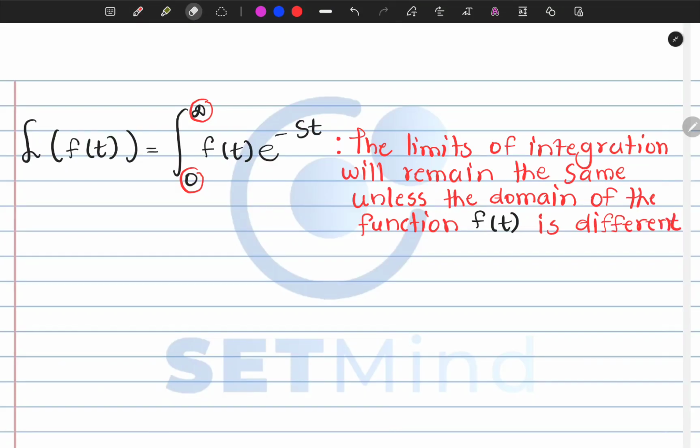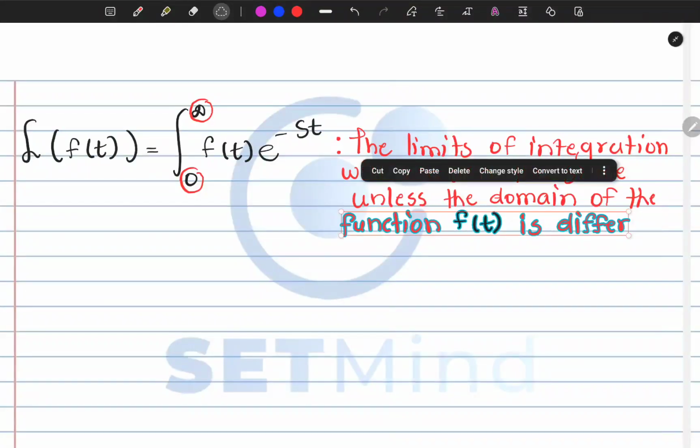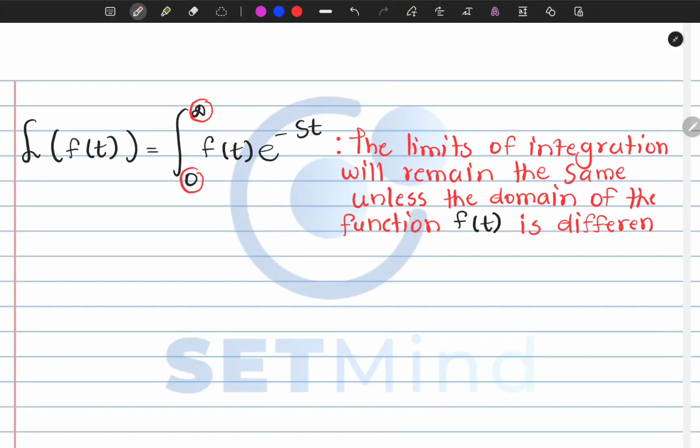If the domain is different, the limits will change. Whatever the domain of the function is will supersede what we have here. So please make sure you understand that the limits of integration will remain the same unless the domain of the function f of t is different.